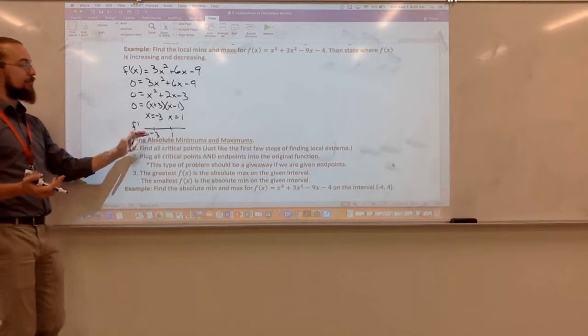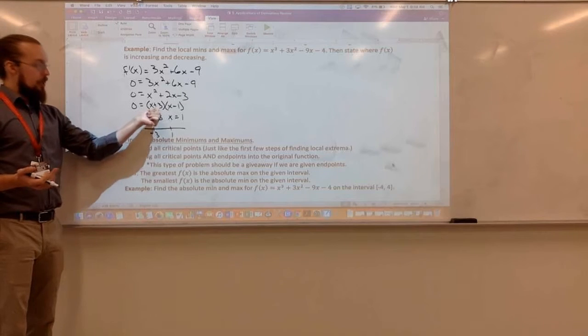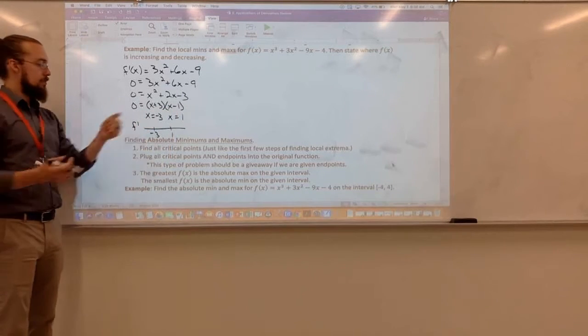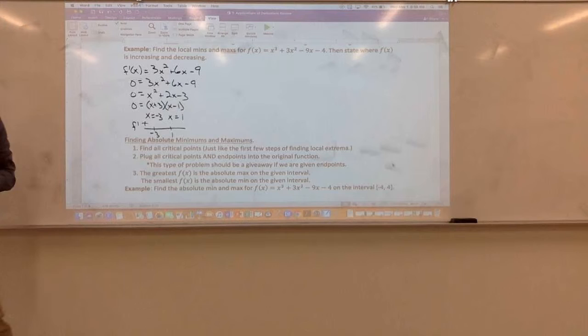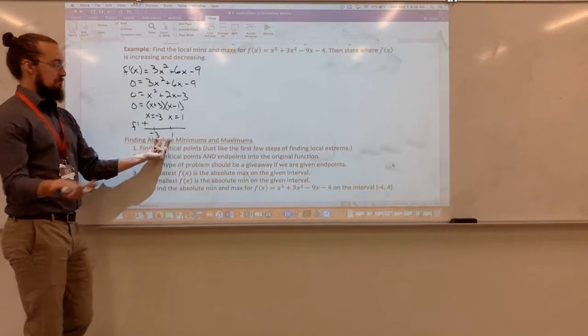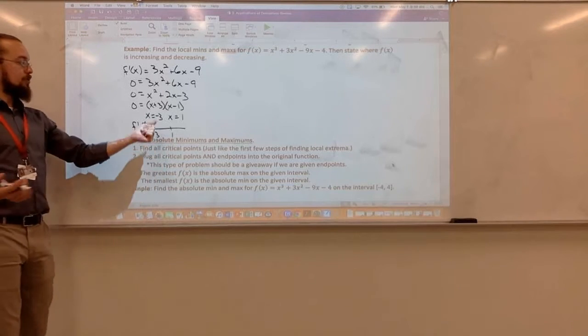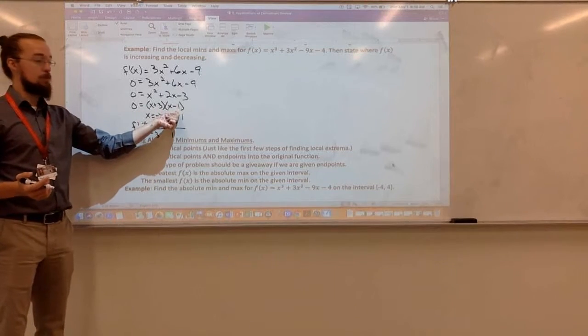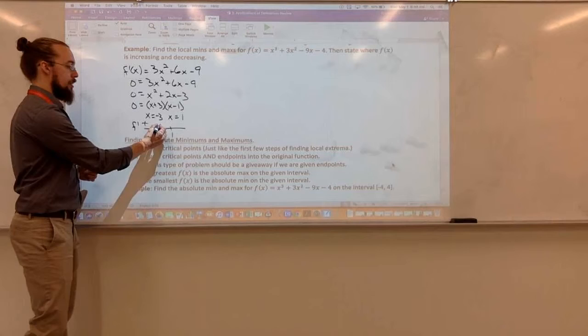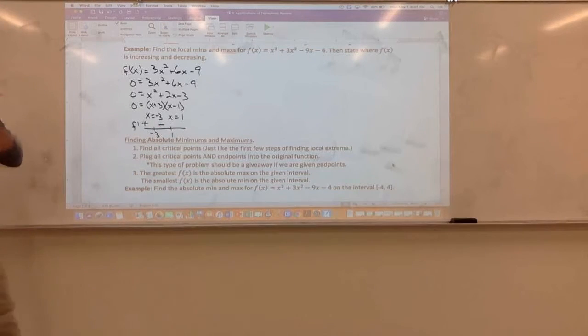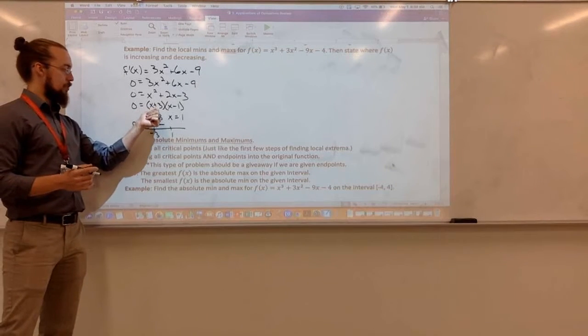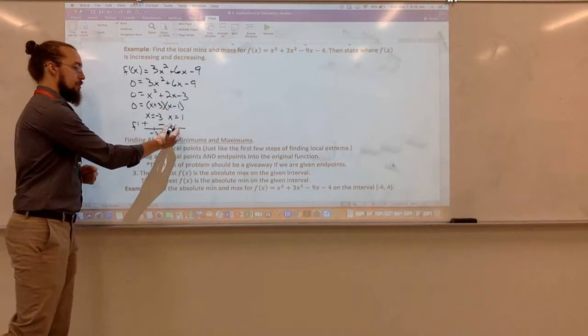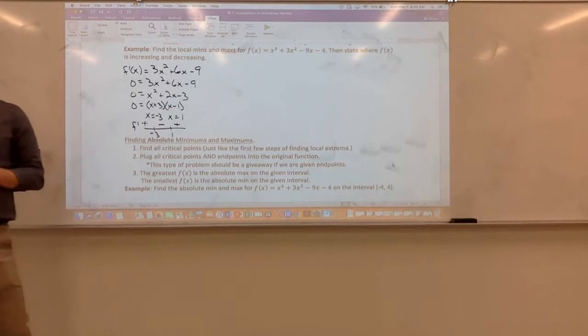So if I plug negative 4 in, this would be a negative times a negative. It would be positive. If I plug a value in between negative 3 and 1, 0 would probably be a good choice. This would be a positive. This would be a negative. So positive times a negative is negative. And a value greater than 1, this would be positive times positive, be positive.